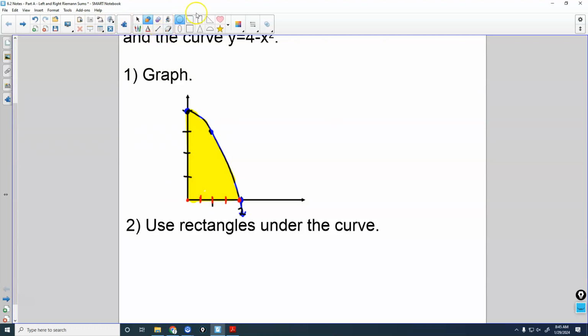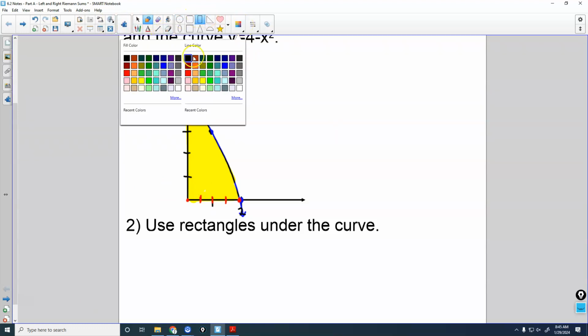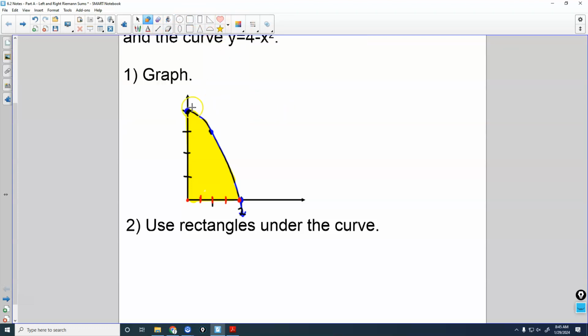Now, if I want to draw a rectangle underneath the curve here, let me use the rectangle tool so I have a nice pretty graph. I would make a rectangle and I would go up until it touches the graph right there. And then I'd go to the next spot here, and I'd go up until this touches the graph.